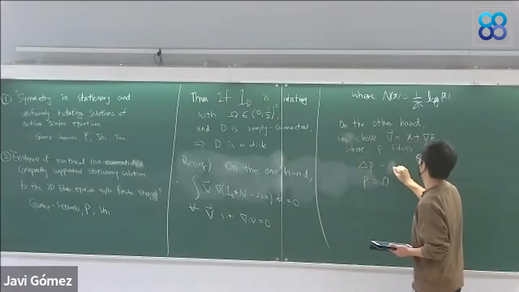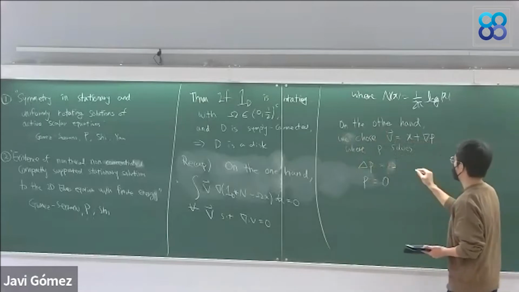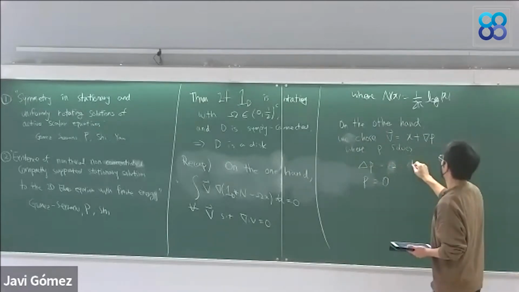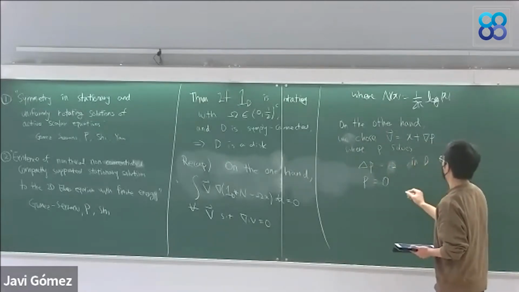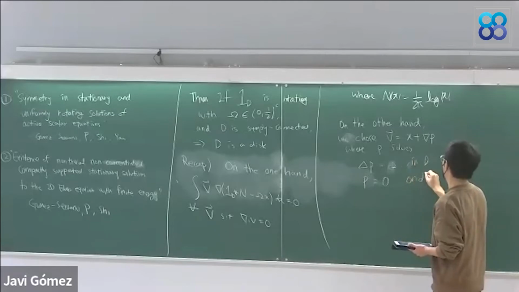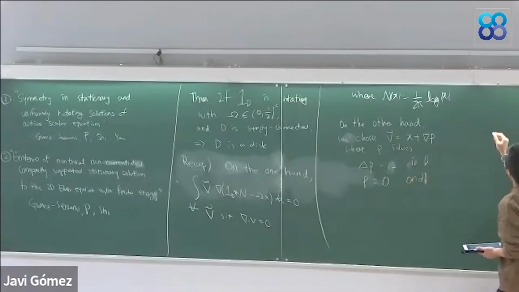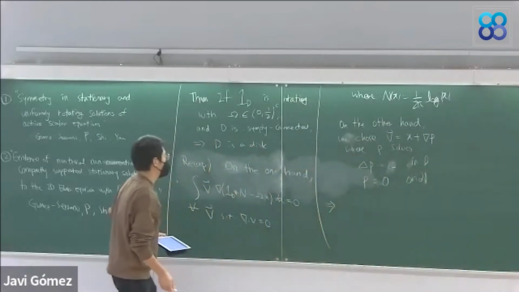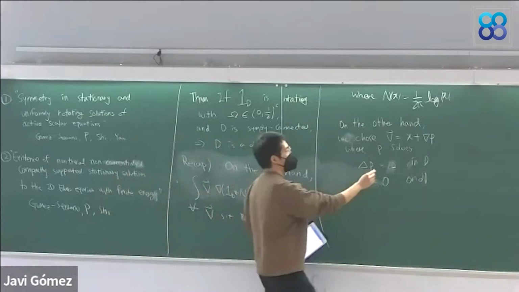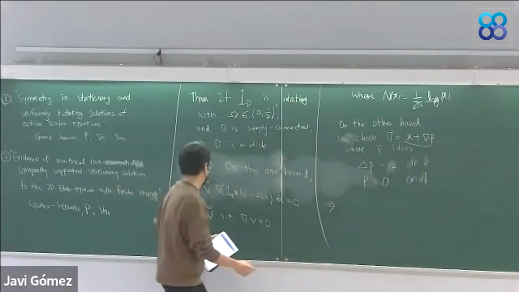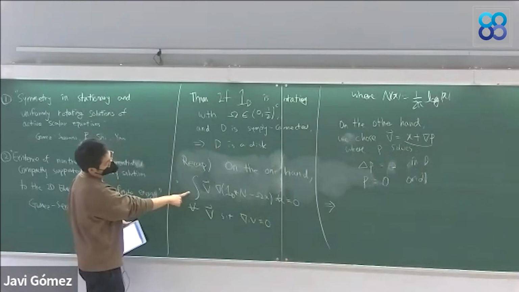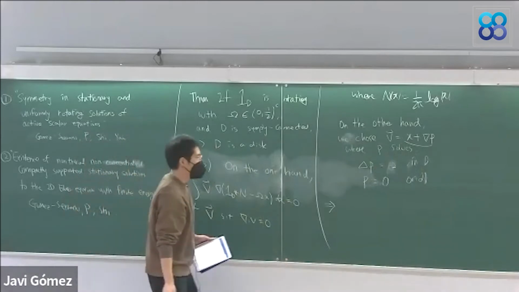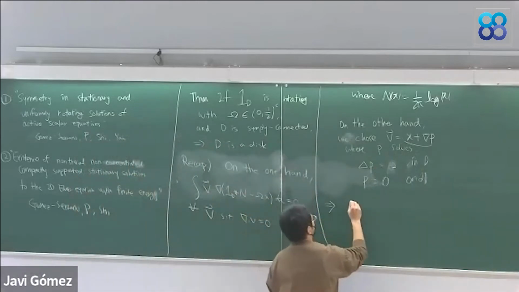The Laplacian is equal to -2 in the domain and vanishes on the boundary. So we plug this specific b into the left-hand side in the integral. Then we found the following.